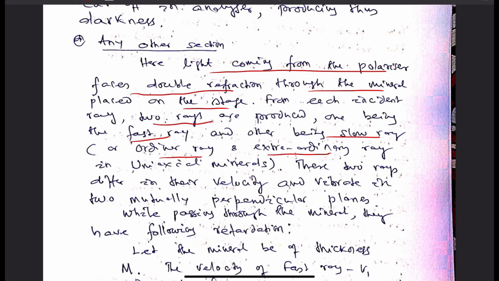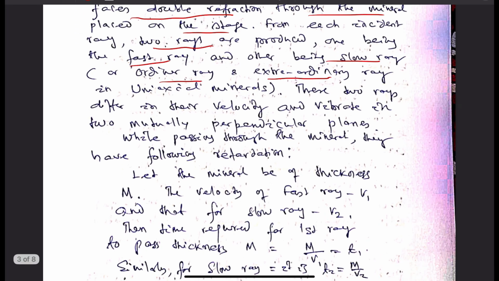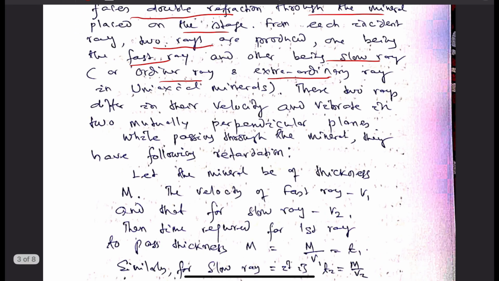So two rays are produced by double refraction, and these two rays leave the mineral placed on the stage and enter into the analyzer. And there they go for interference.